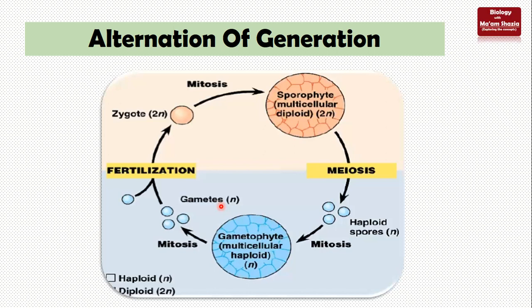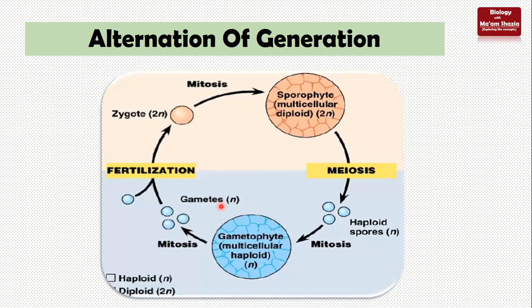A few of the spores are male spores and a few are female spores, and they are haploid, obviously, as they are the result of meiosis. Now, when these haploid spores fall, this is all about the lower plants.